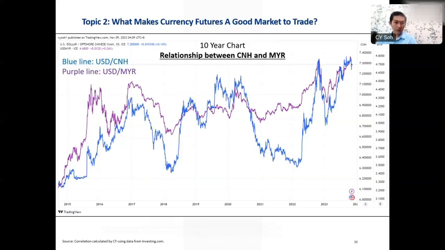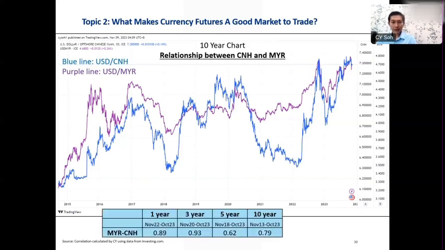So of course, here we are going to look at this table. Over the long run, for the past 10 years, the correlation between the Chinese yuan and the Malaysia ringgit is quite close to 1. It is above 0.8.